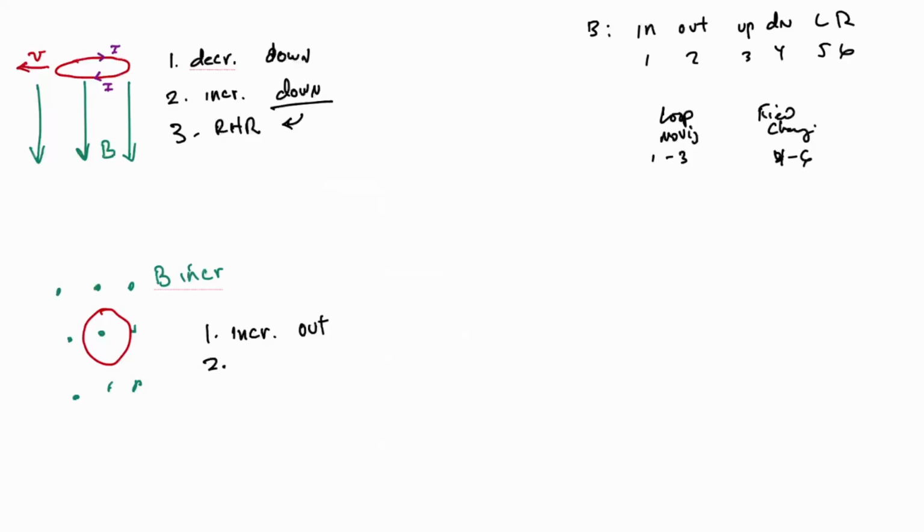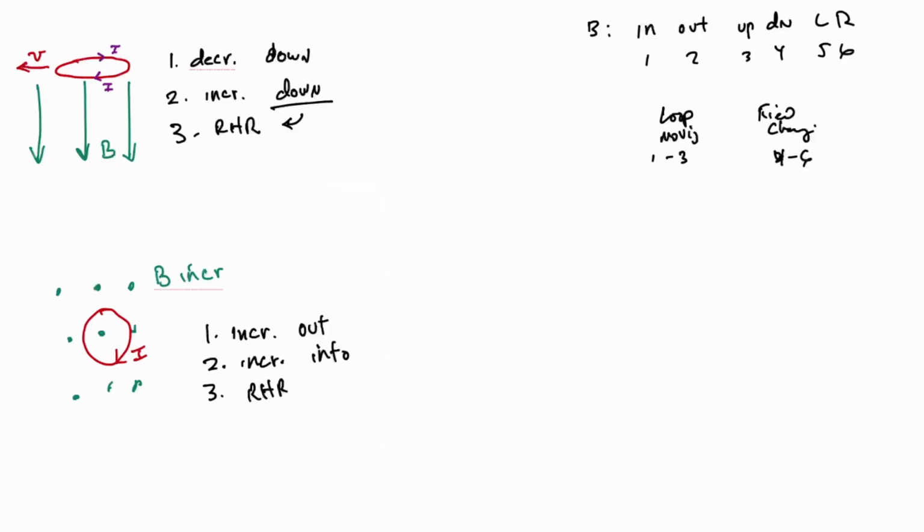So what's the response? Increase into. And so right-hand rule. Which way are we going to put our thumb? Out or in? In. We always do the second one, right? In gives me a clockwise current.